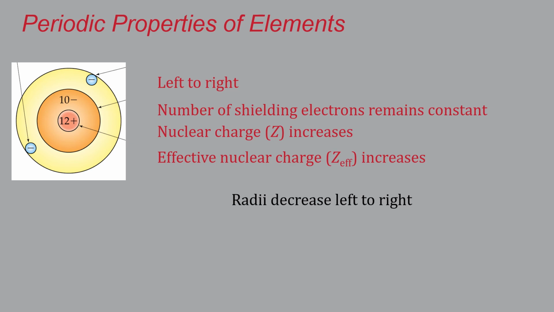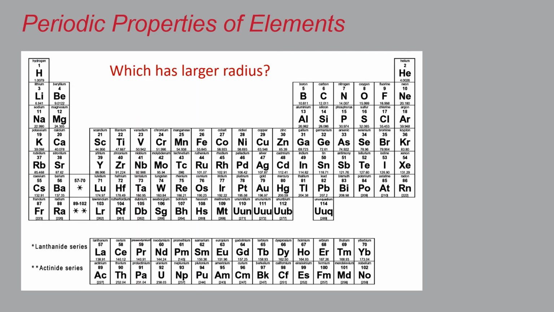So to see if you have got it, answer me this. Which one is going to have a greater radius, aluminum or silicon? Look where they are in the periodic table, and know that the trend is that they actually get smaller as you go from left to right, which means that silicon is going to be the smaller of the two.